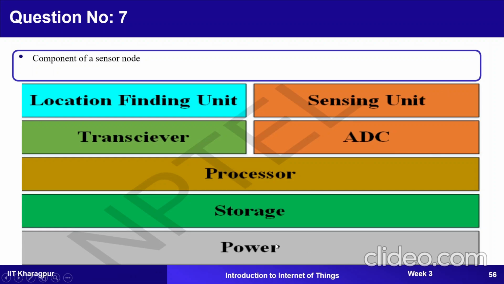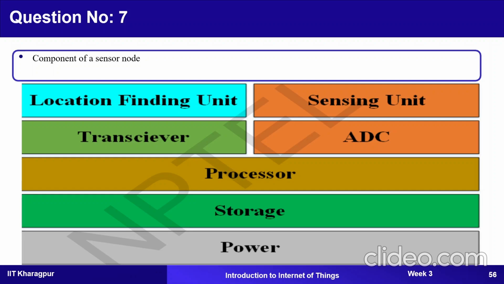The first component is the power unit, which provides power to the sensor node. Second is the storage unit, as sometimes we need to store data in the sensor node, so the storage unit is necessary. Third is the processor unit, since the sensor needs processing capability.